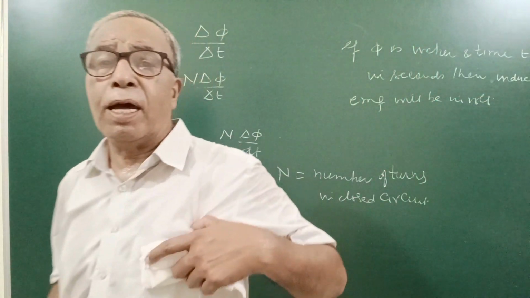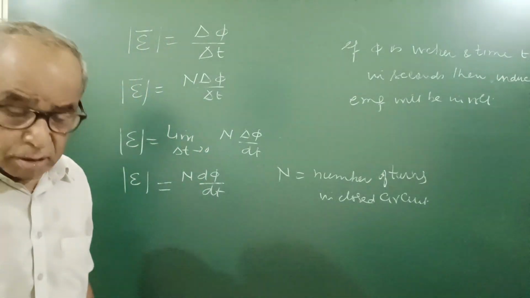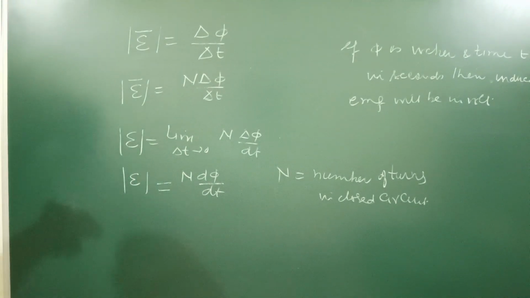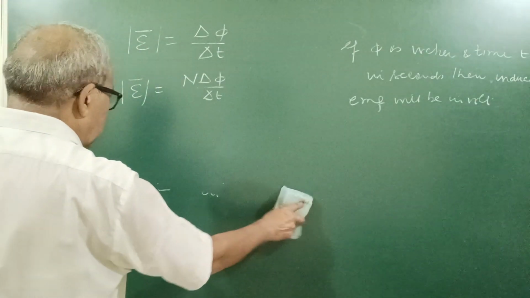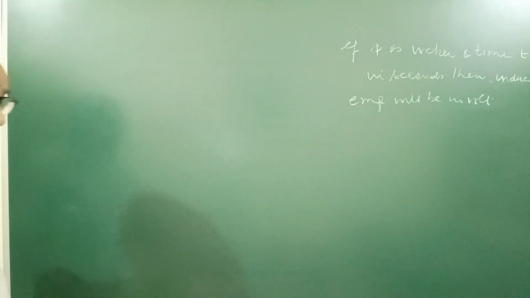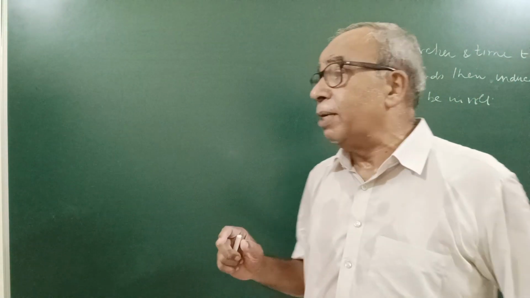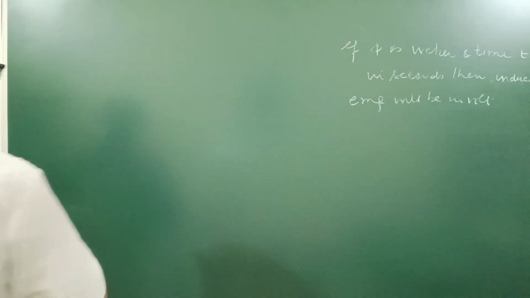So this is Faraday's law, which tells you that the magnitude of induced EMF is equal to change in flux per unit time, delta phi upon delta t. Don't call it the rate of change of flux. With respect to time, change in flux. The whole thing is the unitary method. If you understand the unitary method, then you can understand physics easily.